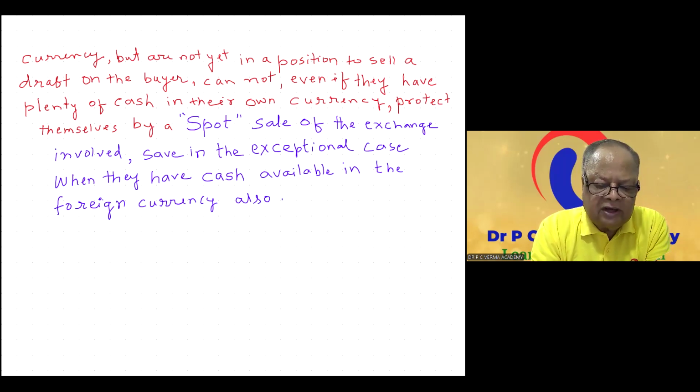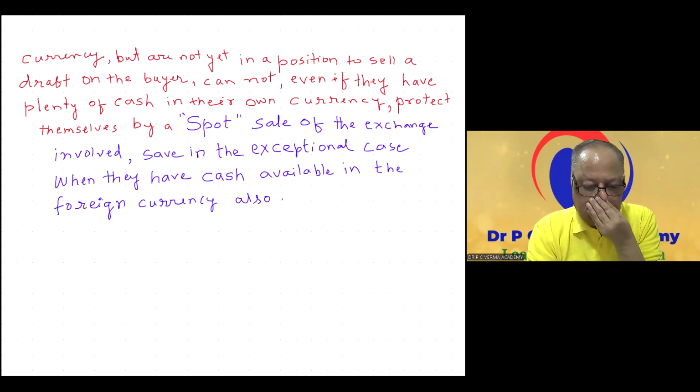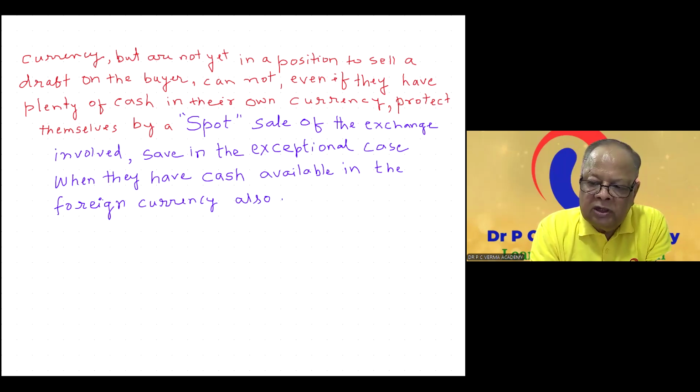So a forward contract is where you will buy in future, and in between those two times you will manage foreign currency so that you can pay the amount at the due date. Then at the due date it becomes a spot transaction.